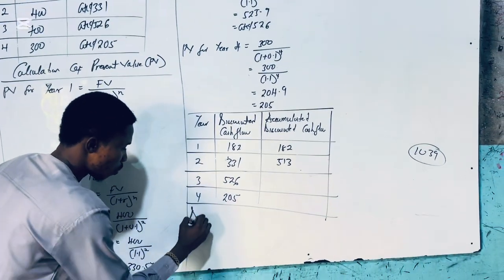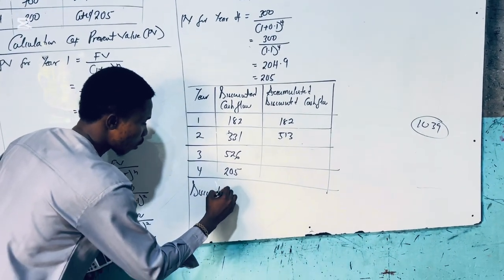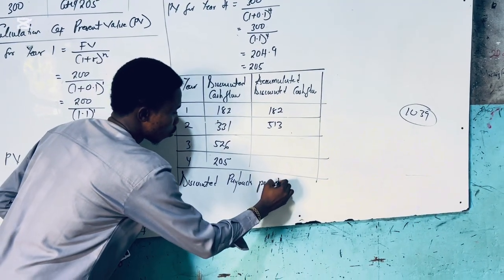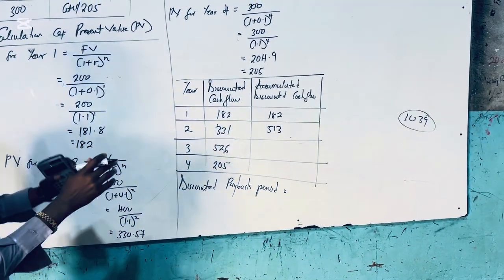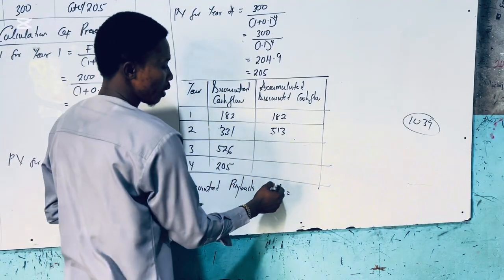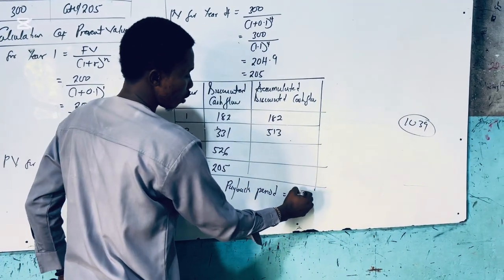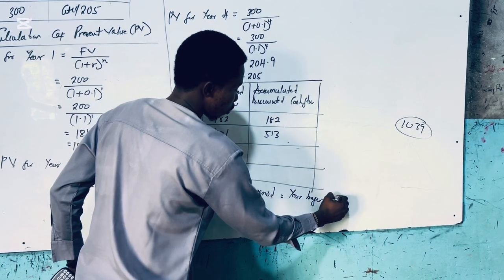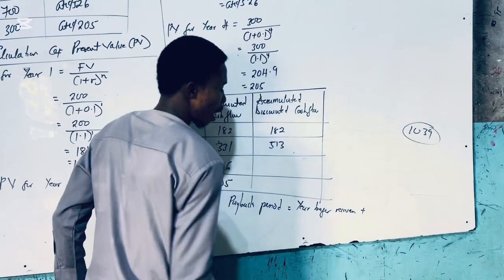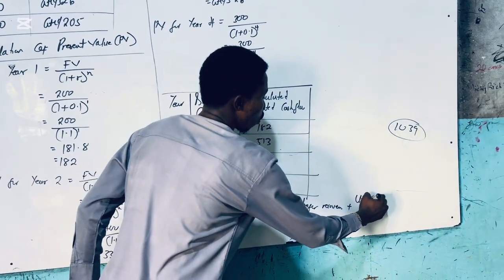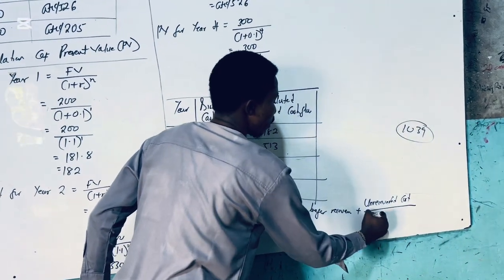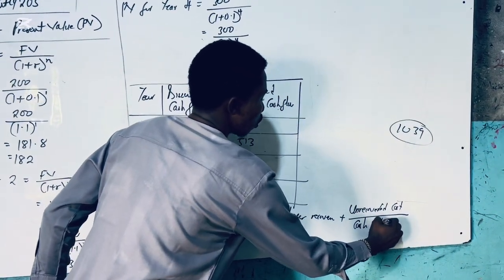So we now come and write our formula. Discounted payback, which is just the same as the payback, just that the approach is: the year before recovery, plus the unrecovered cost, then divided by our cash inflow.